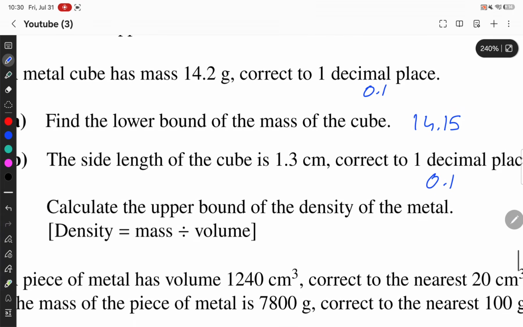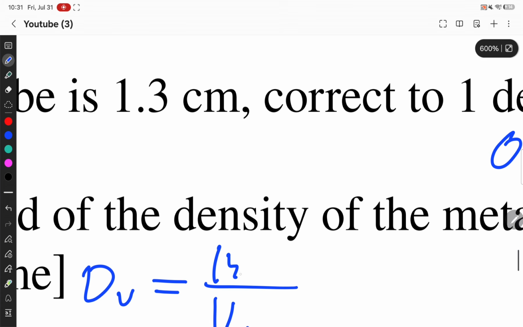Upper bound of the density. D of u is equal to mass m of u all over v of lower bound. Then mass of upper bound, we know the upper bound of the mass. What is this? 14.2 plus 0.1 over 2, we get 14.25.